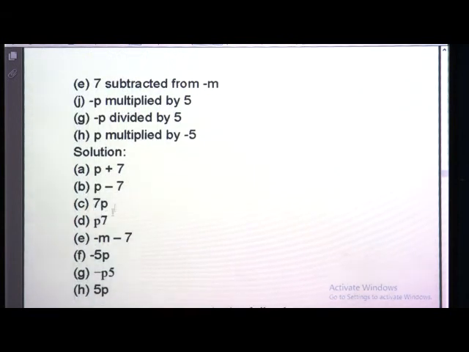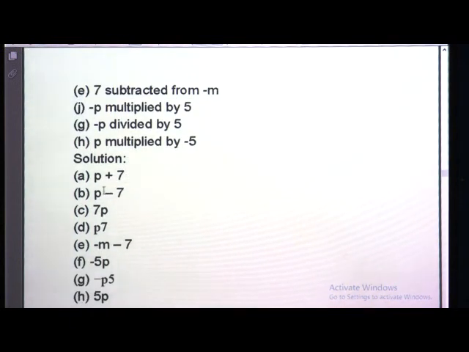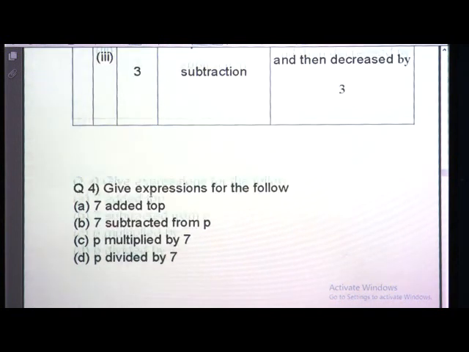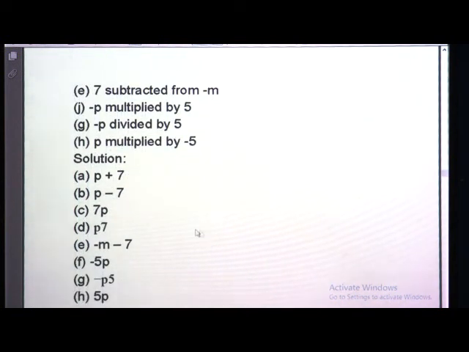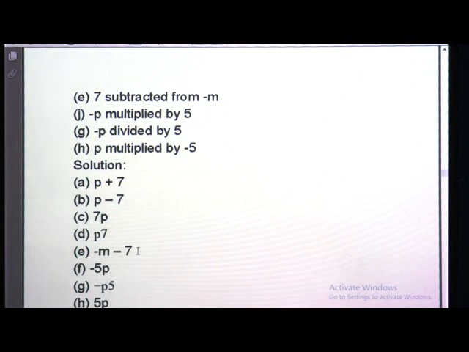Okay. The first question is 7 added to p. So p plus 7. Next is 7 subtracted from p. It means p minus 7. Then we have p multiplied by 7. It means 7p. Then p divided by 7. So p by 7.